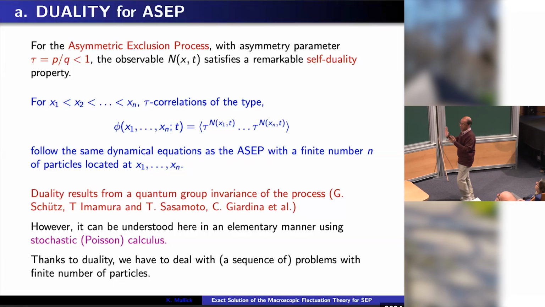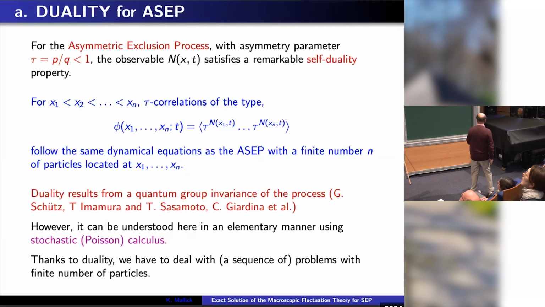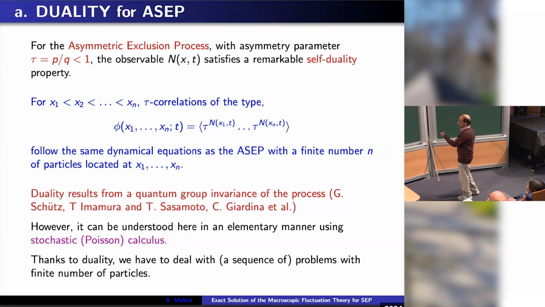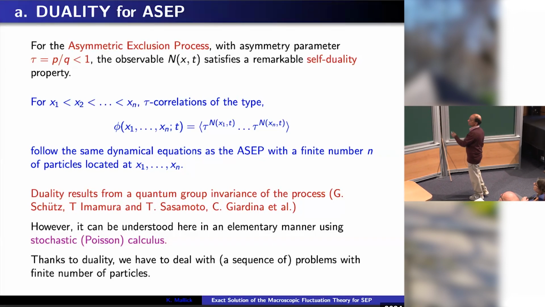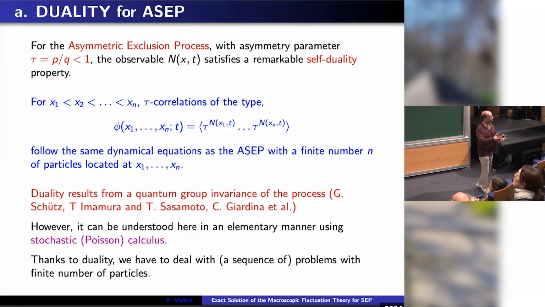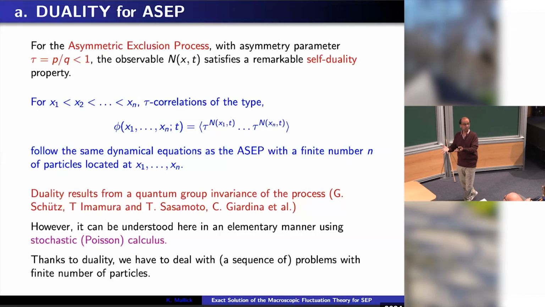And then, by miracle, you can prove it either by algebra or by just using Poisson calculus. In fact, these tau-deformed or tau-exponential correlators are closed. They satisfy closed evolution equations among themselves. So then you're happy because you're back to a finite problem.